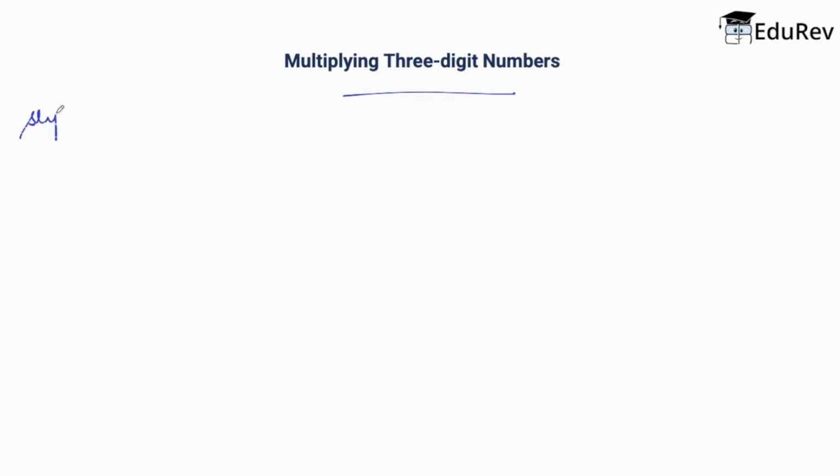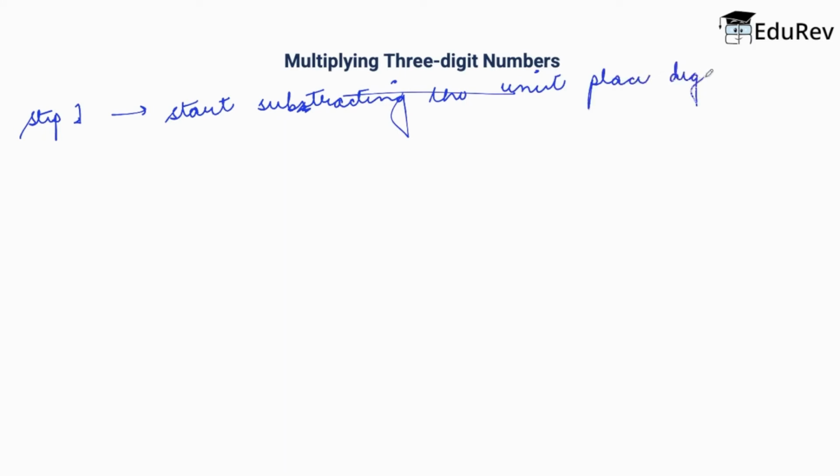So step 1 is going to be that we need to start with subtracting the unit place digit from the actual numbers.